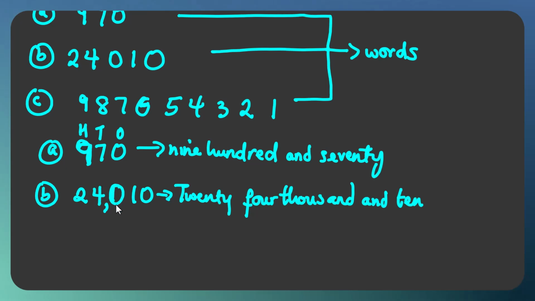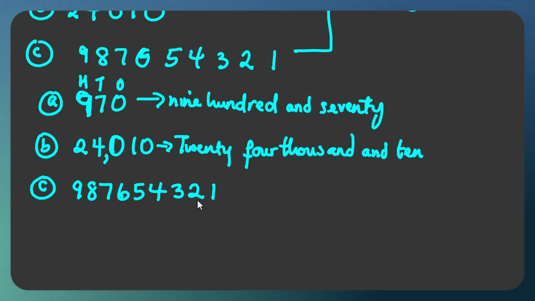Why? Because our 0 here, which is in the hundreds place, is a 0, so we don't name the 0 as a place value. Likewise, our particular 0 after the 1, we don't place that 0 as a place value in words. So in here, our 1 is going to be placed as 10, and because it's just 1 and 0, automatically that is why we have our 10 right there.